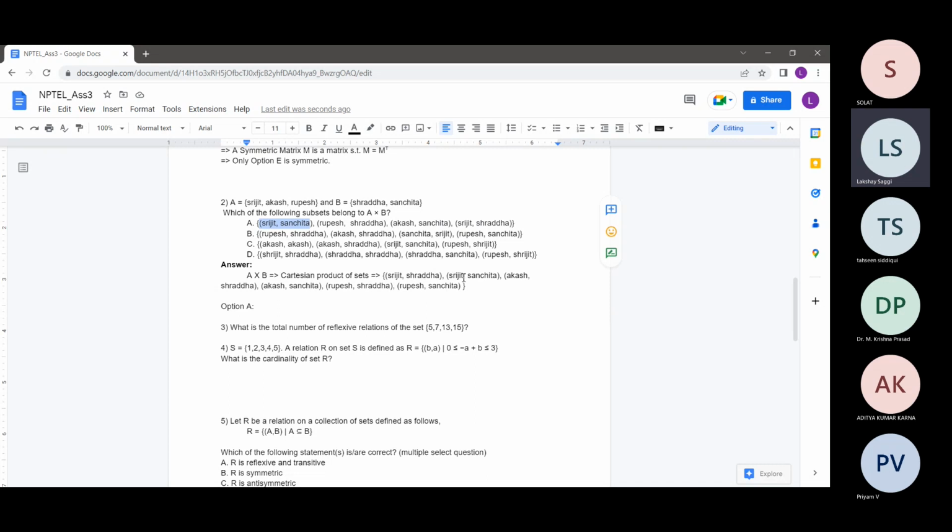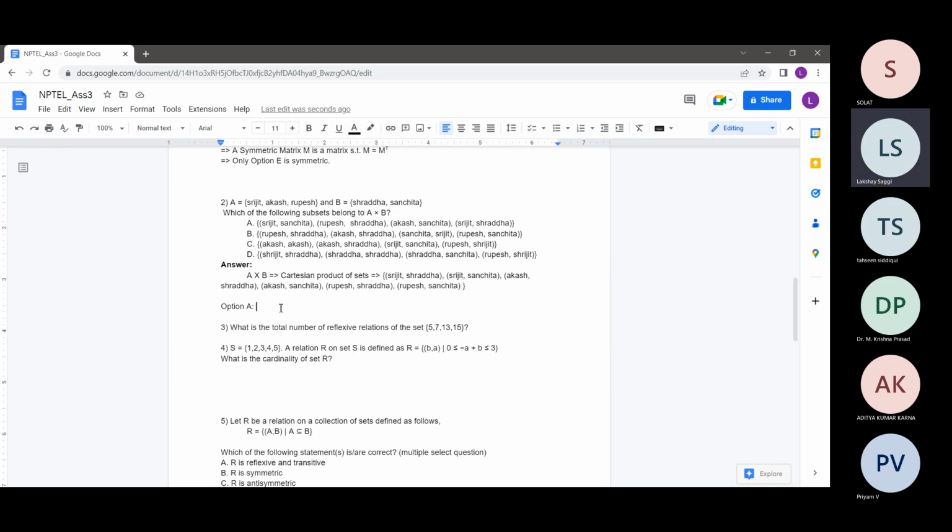Srijit comma Sanchita is there in set A cross B. Similarly, Rupesh comma Shraddha is there in A cross B. Similarly, Akash comma Sanchita is here. And Srijit comma Shraddha is here. So all elements of option A are in the set A cross B.